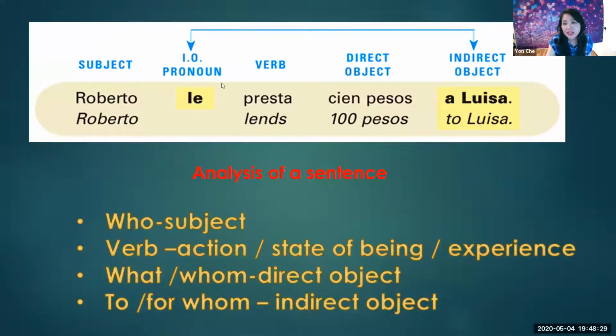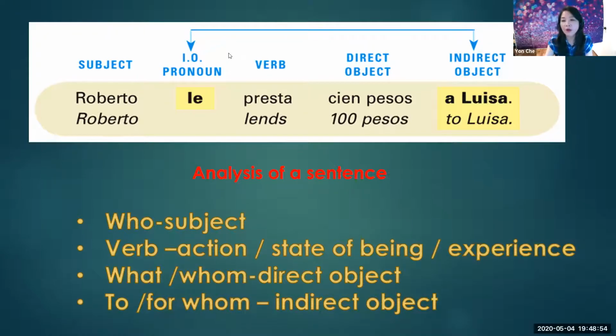When you translate this into English, it'll be to her or for her. Okay, so Roberto lends 100 pesos to her. So this le is what is taking the place of Luisa, and it translates into to her.